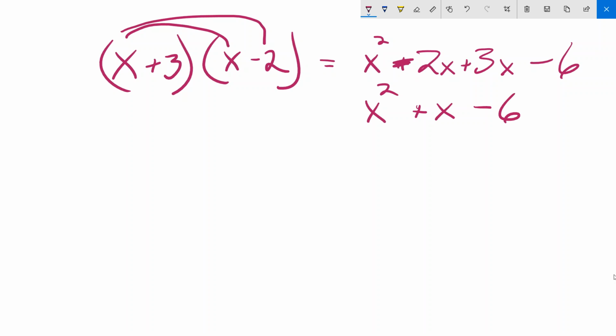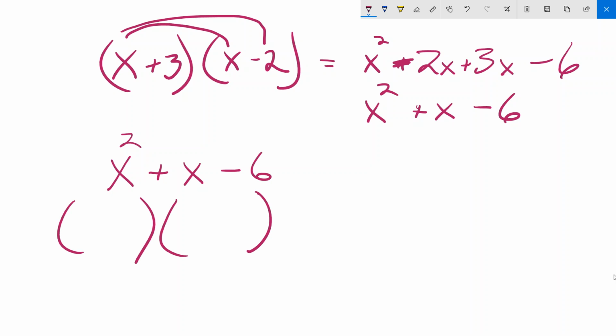Now, all factoring is doing this in reverse. Let's start over here on the left. I didn't pick a particularly good one to do. If we are going to try to split this up into two linear factors, then the first thing we have to do is split up the x squared. So how does that split up?